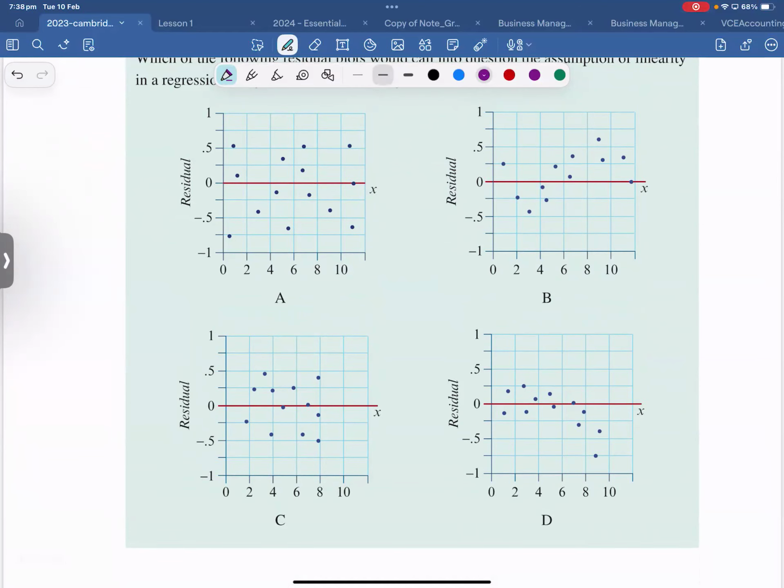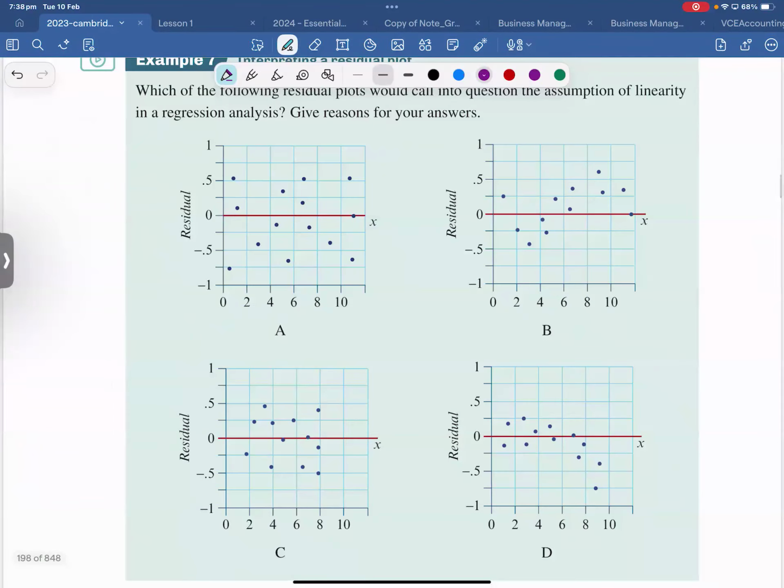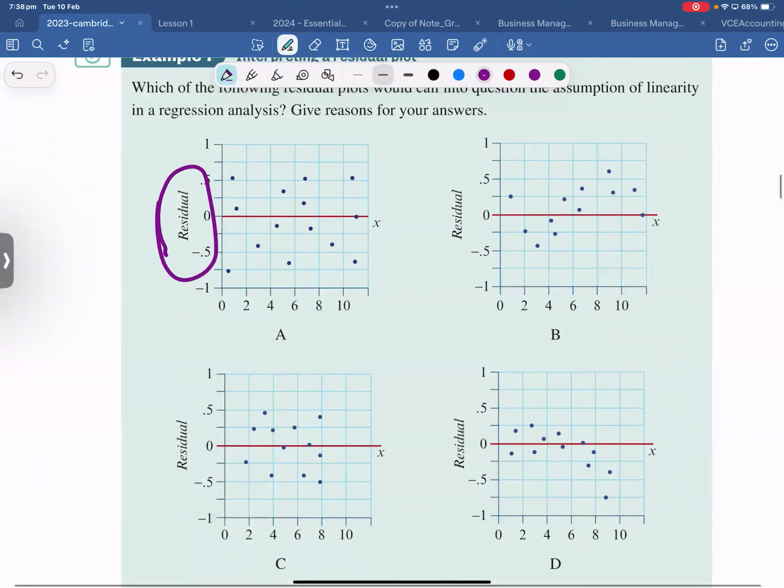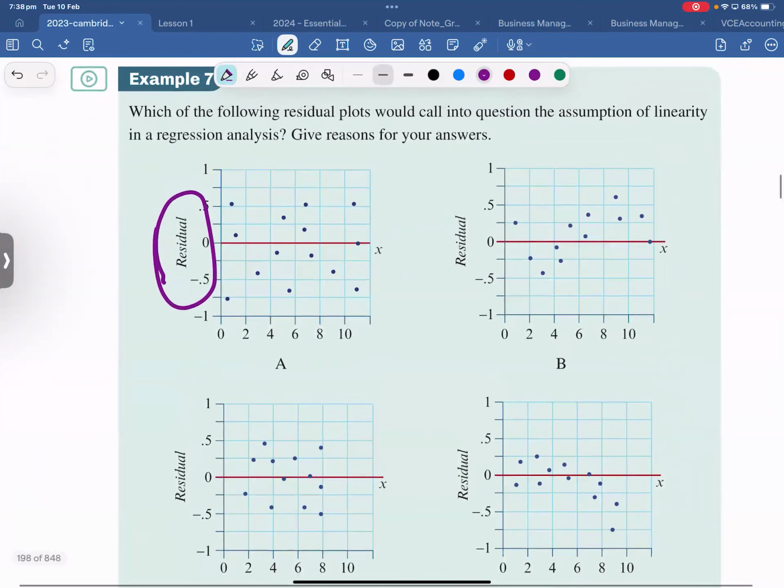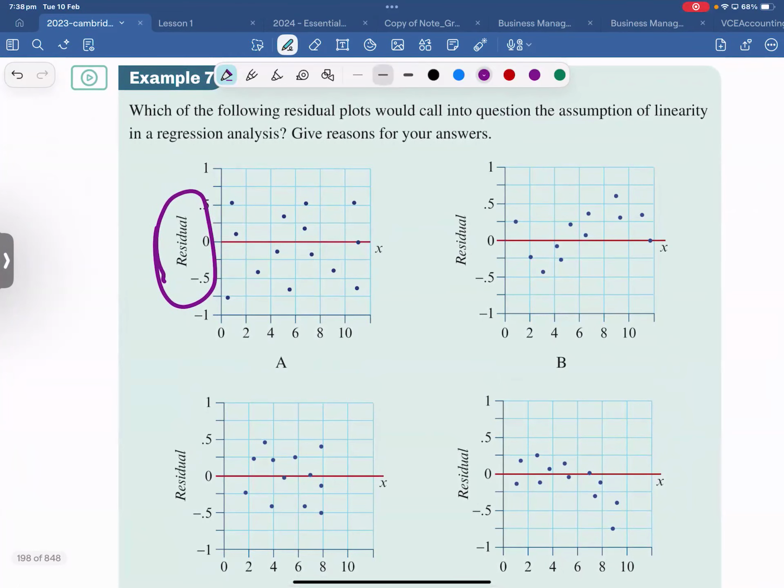Good. When you look at the residual plot, what do you say about the linearity? It's linear. Linear? Yes.